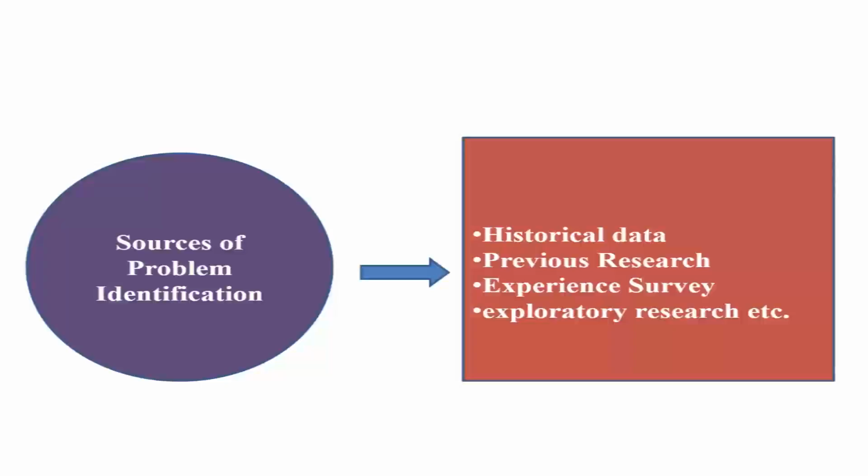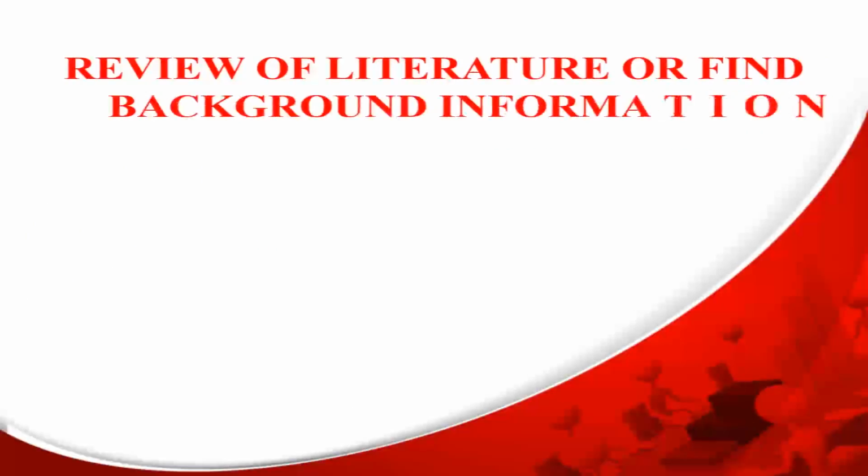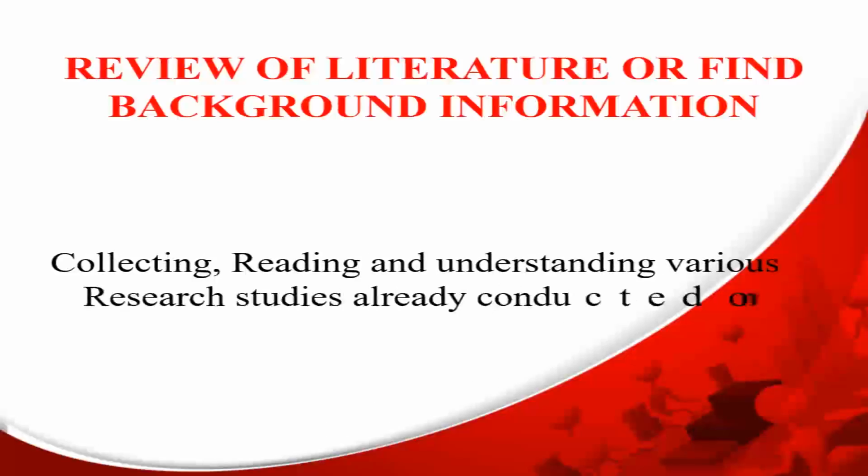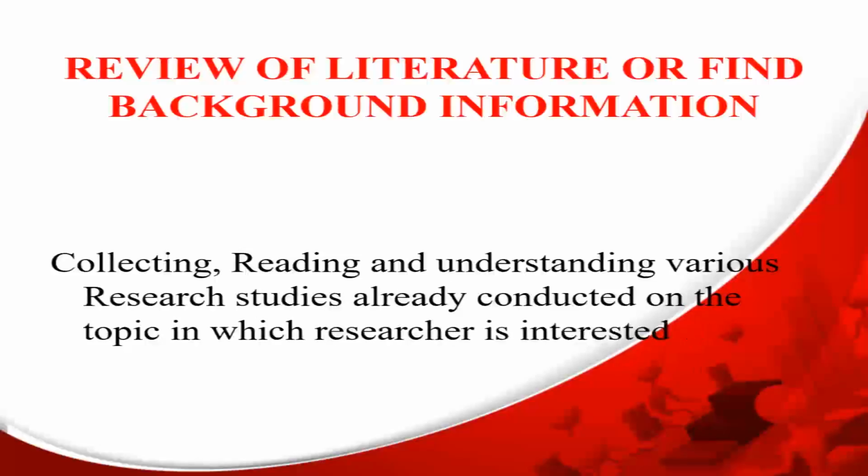Coming to the second step of the research process, that is, the review of literature. Review of literature is the backbone of any research. Conducting a review of literature is a process of collecting, reading and understanding various research studies already conducted on the topic in which the researcher is interested.